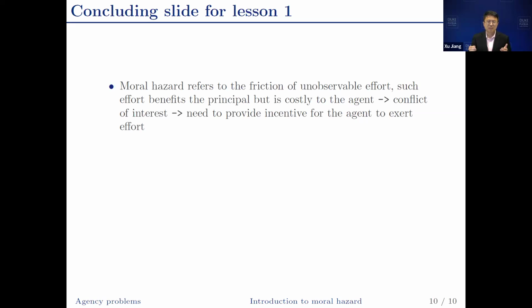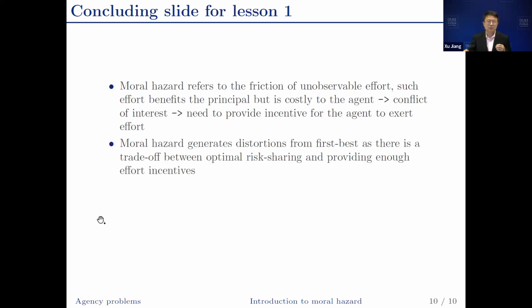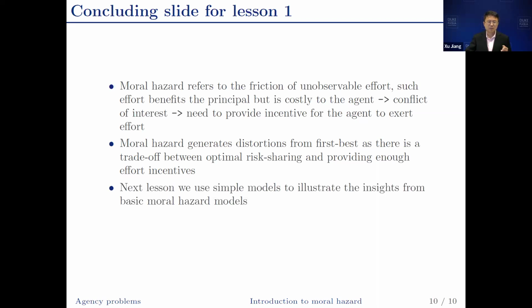And you need to provide incentive for the agent to exert the effort that the principal prefers. And moral hazard generates distortions from the first best, because if you want to provide enough effort incentives, you want a variation in wages paid to the agents. But such variation is going to be costly. It's going to deviate from optimal risk sharing because the agent is more risk averse. So there is this trade-off.